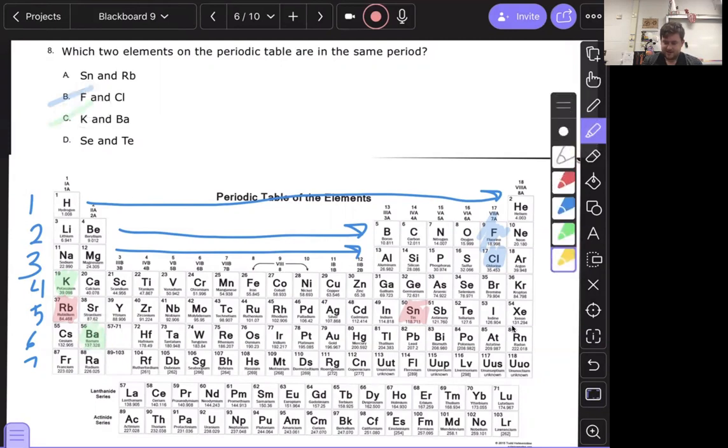And then finally, Se and Te. Let's see if we can find them. Here's Te. All right, and these are in the same group, but not the same period. So then my answer has to be A.